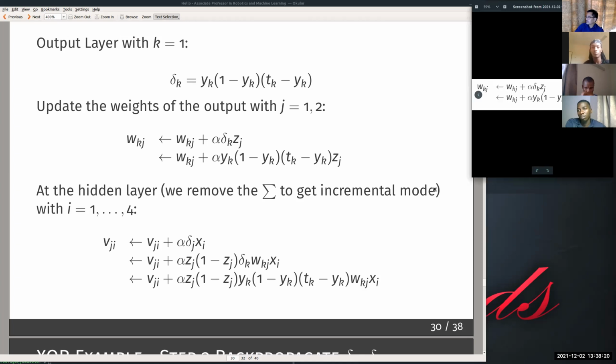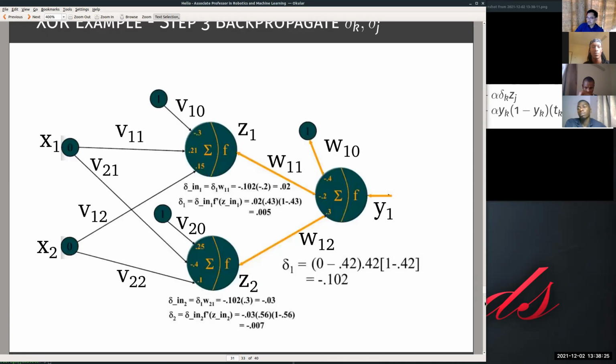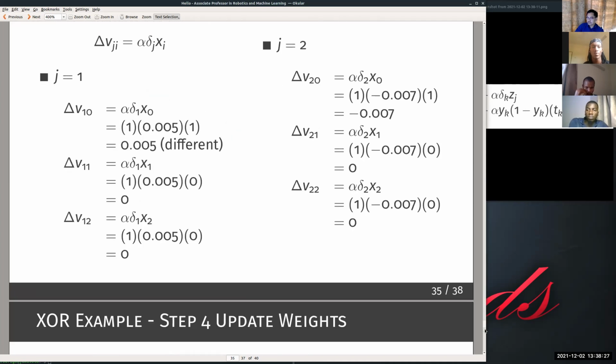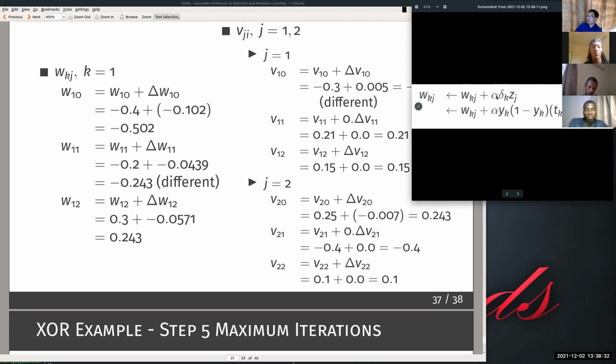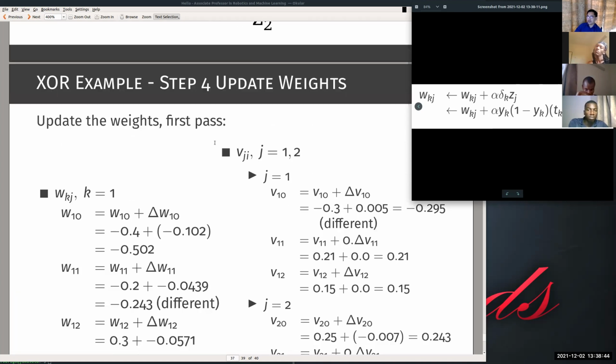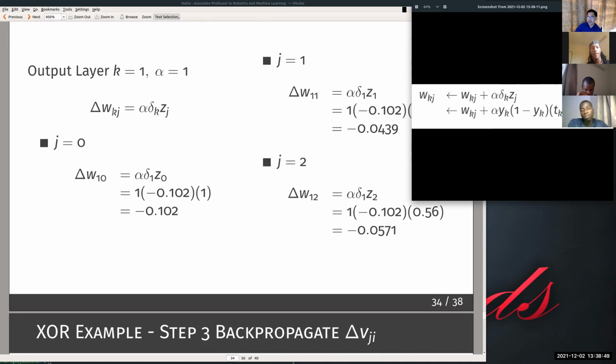This is how we update our W. The current W plus this delta W10, so alpha times delta K times Z1. If this is delta K, K is 1 and J is 0. So if we are doing this part for W10, this is delta W of 10.